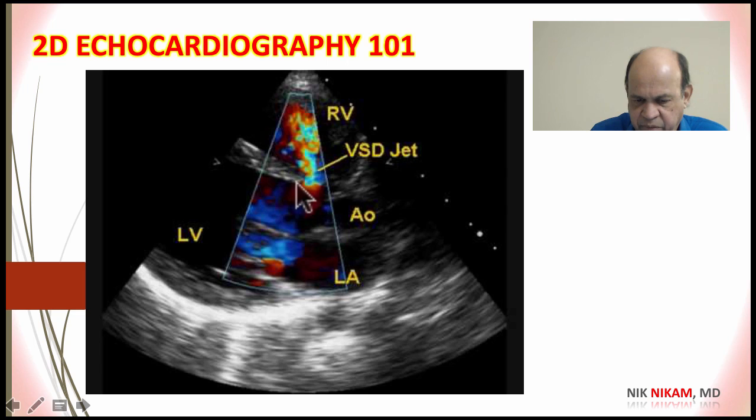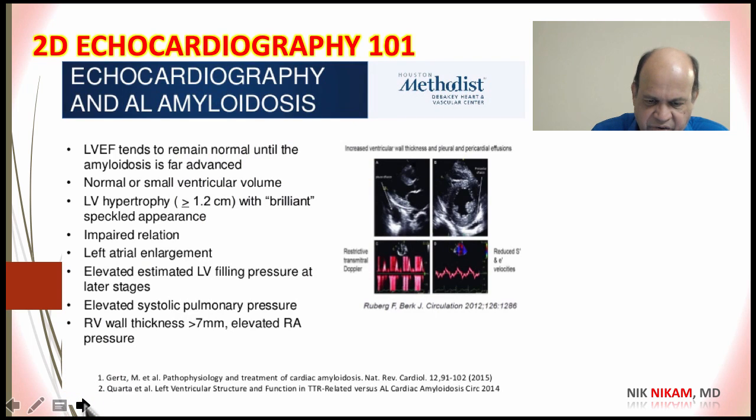Here's another example. This is the left ventricular cavity, this is the left atrium, and here's the aorta. You just have to imagine, take my word, and here we have the jet going from the left ventricular outflow tract into the right ventricle, and this is through the membranous part of the ventricular septum.